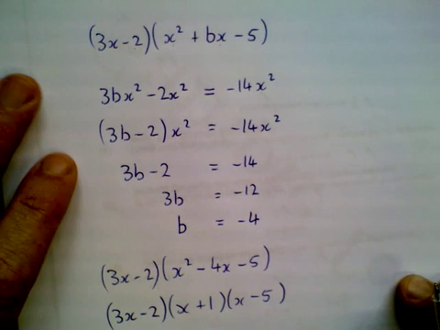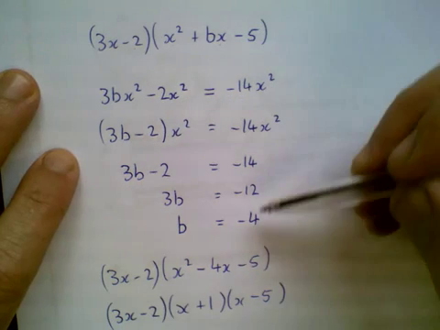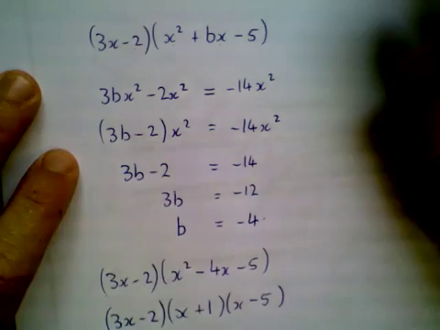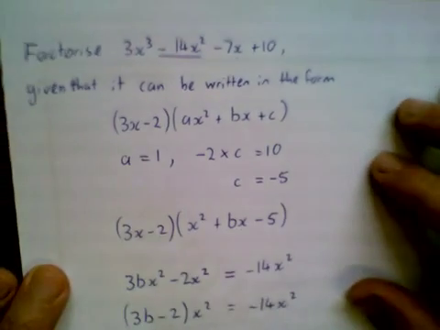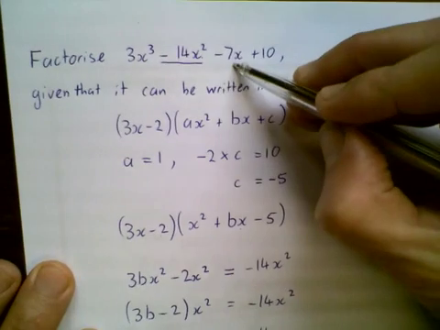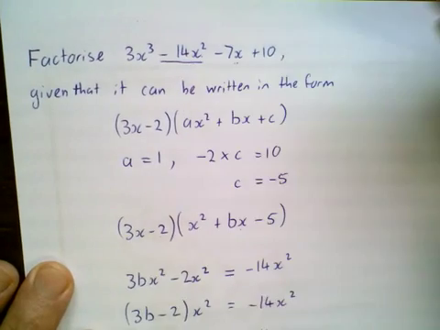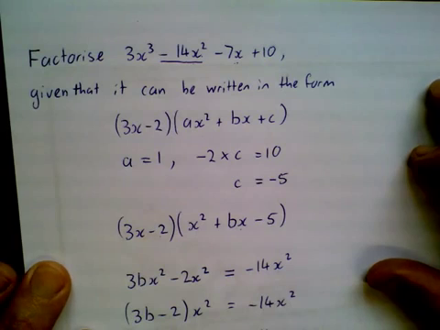Now notice also that we could have got to this b value here by inspecting the negative 7x term instead of the negative 14x squared term. So perhaps we'll have a look at that as well.